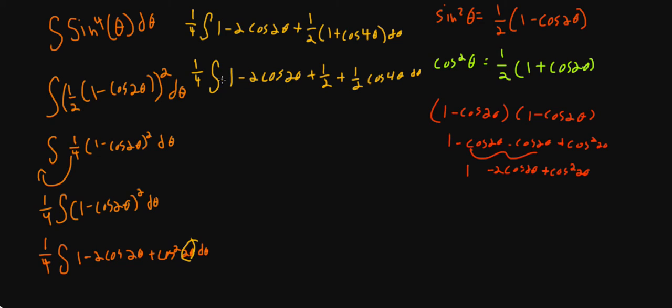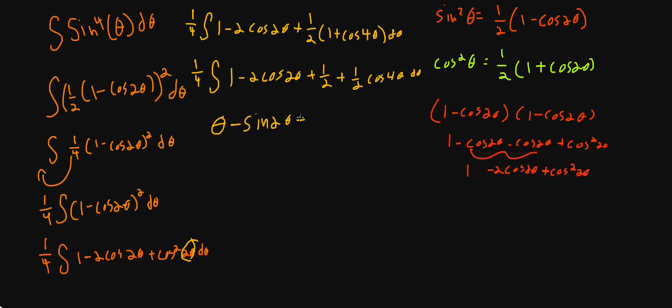Okay, from here we can just integrate each of these terms. The integral of 1 d theta is theta, minus, the integral of negative 2 cosine 2 theta is just sine 2 theta, because the derivative of sine 2 theta is 2 cosine 2 theta.